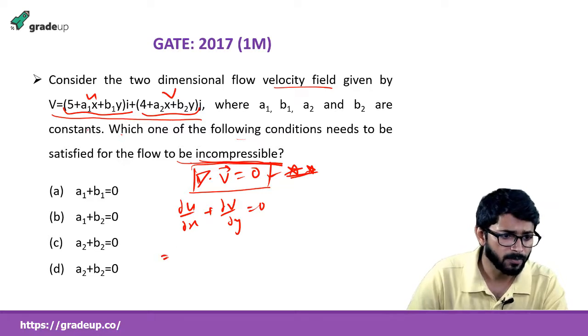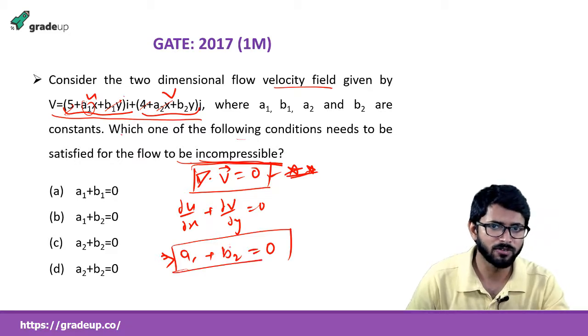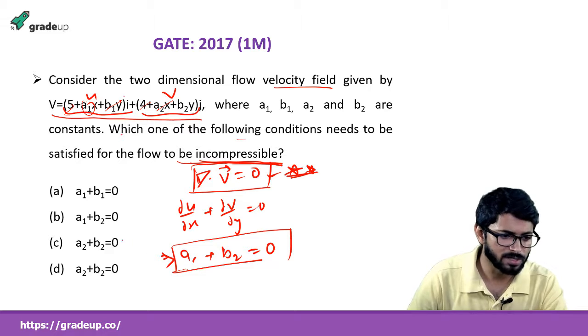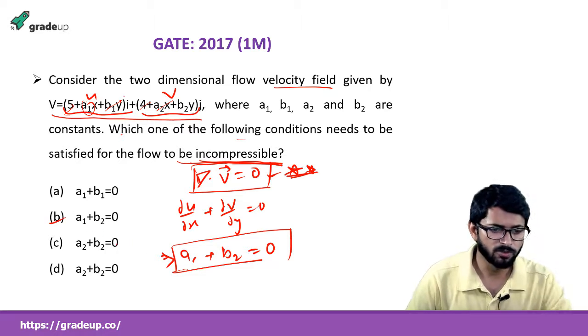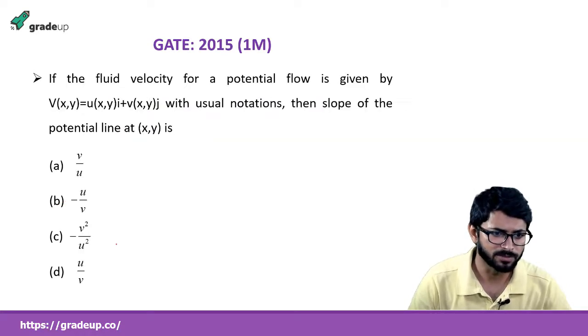Differentiating with respect to x, the other terms cancel out and only a1 remains. Plus, with respect to y, the other two terms cancel out and only b2 remains, which is equal to 0. So by simply putting in the incompressible flow equation, we get the solution. The answer is B, A1 plus B2 equal to 0. It is a very simple question, and this question is generally asked in the examination.